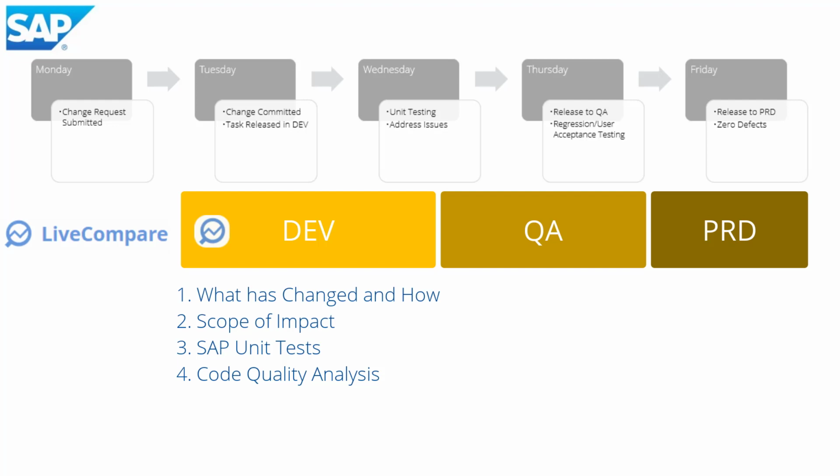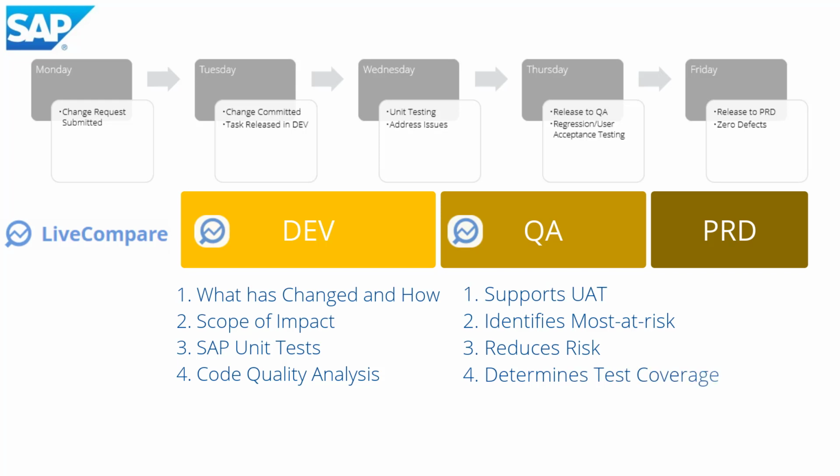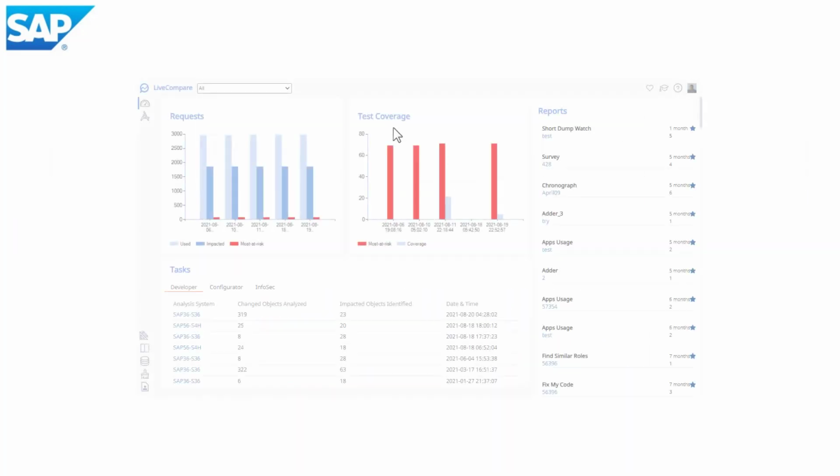The second run of impact analysis happens automatically when the change is released to QA. The focus here is to support user acceptance testing, identifying most at-risk SAP executables, reducing risk by identifying everything that's impacted, and determining test coverage of your most at-risk SAP executables. Let's have a closer look at these 2 impact analysis reports.